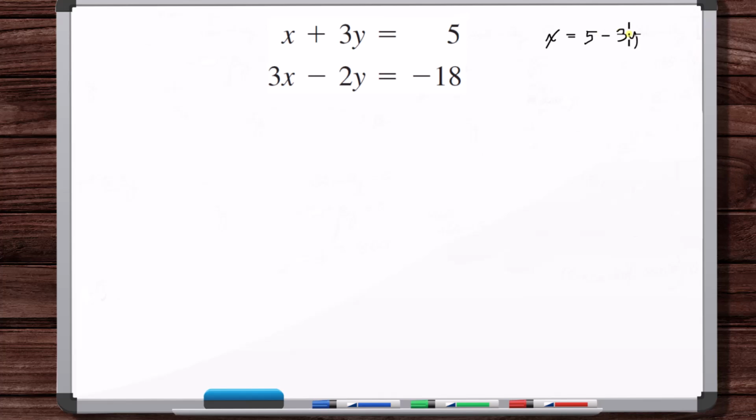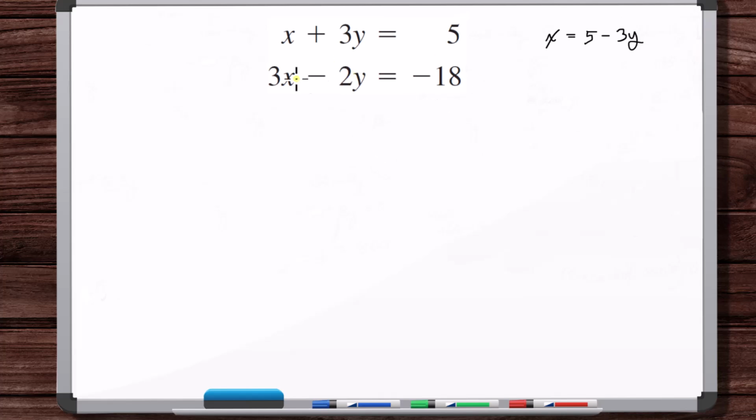It's easy to just solve for x and now plug this x into the second equation, and then we're going to have a linear equation in one variable, solve for y, and then we've got it. But if you don't have a coefficient of 1 on any of the variables, then they're suggesting to use the addition method, since in that case you wouldn't have to deal with fractions. But again, it really doesn't matter.